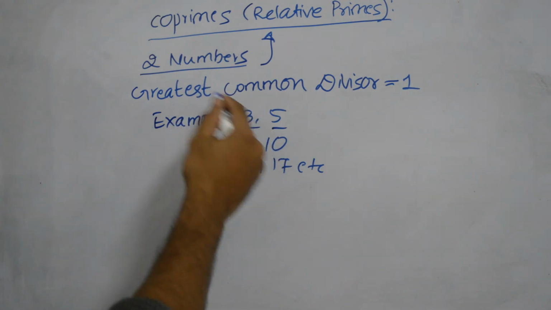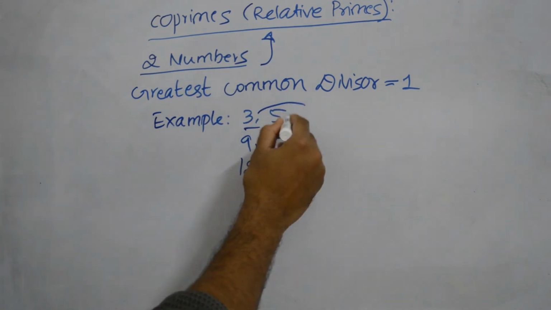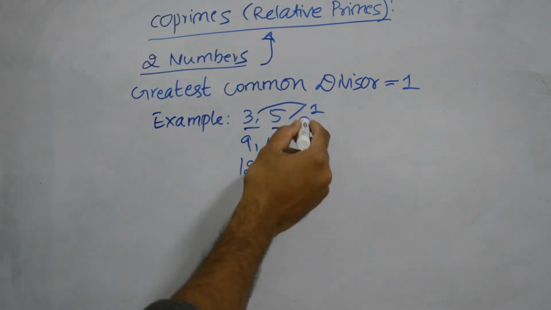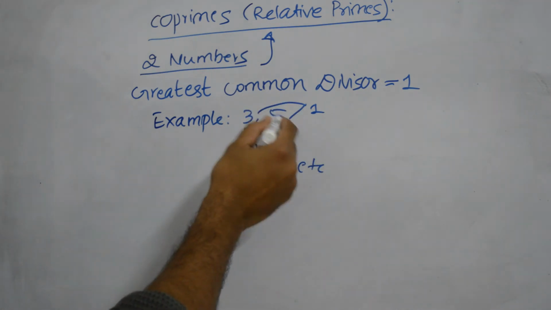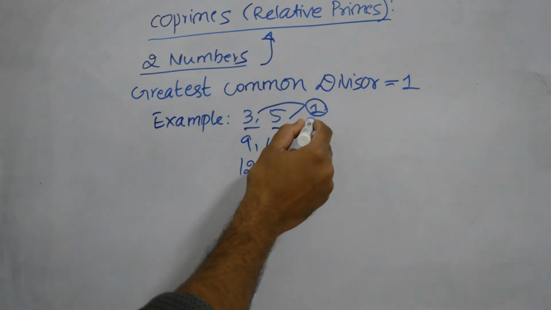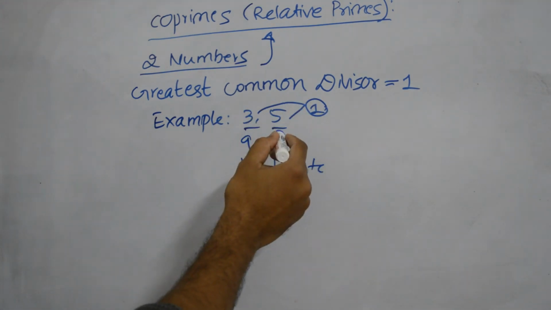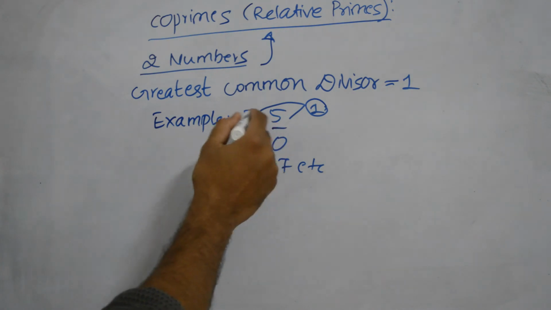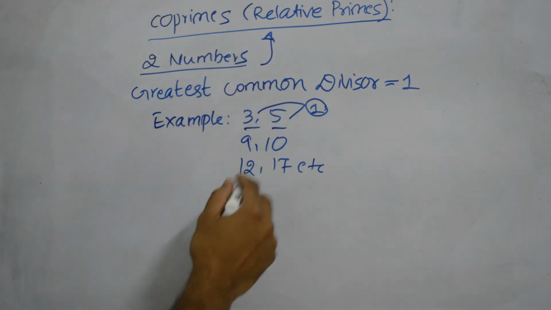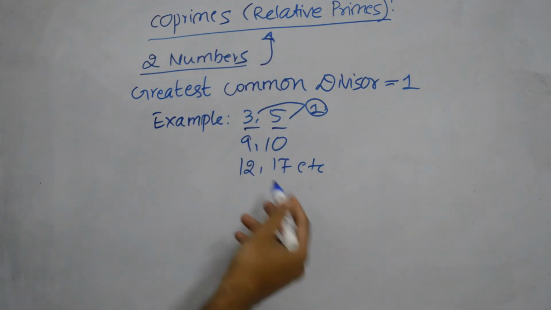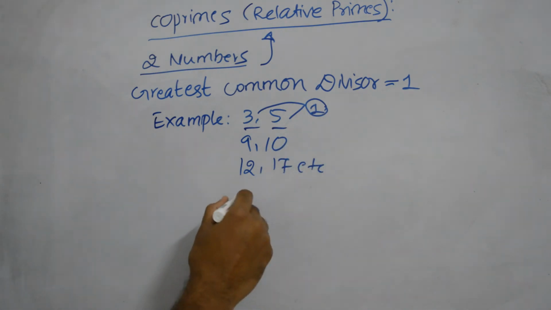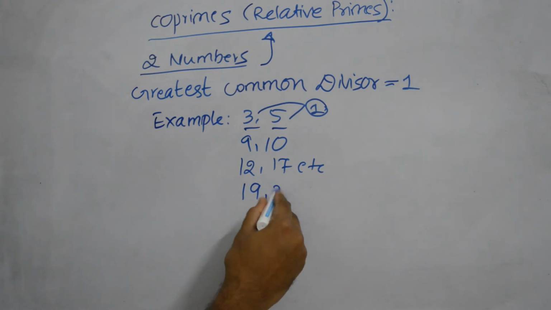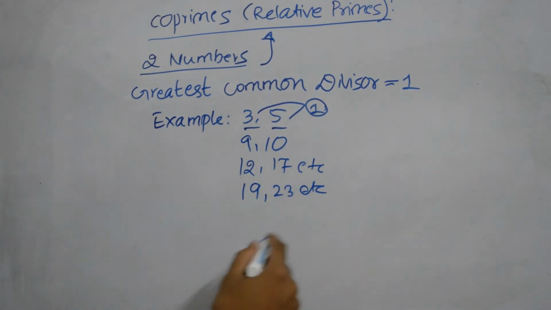They are called co-primes because their greatest common divisor is 1, since no other common factor divides both 3 and 5. 9 and 10, 12 and 7 also have a greatest common divisor equal to 1, and another example is 19 and 23. Such numbers are called co-primes or relative primes.